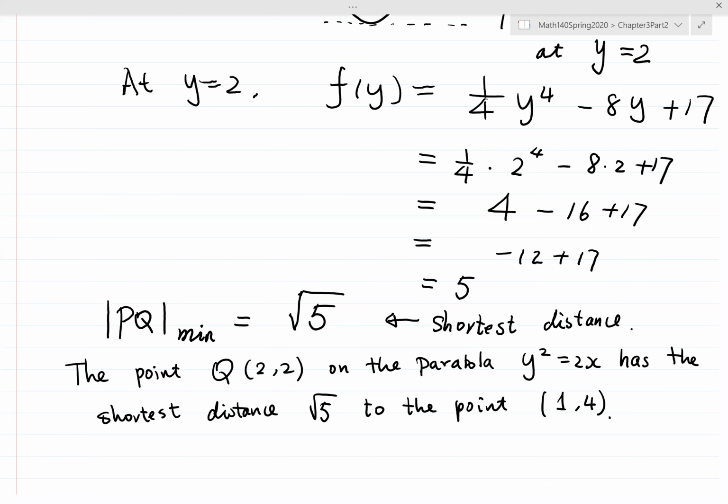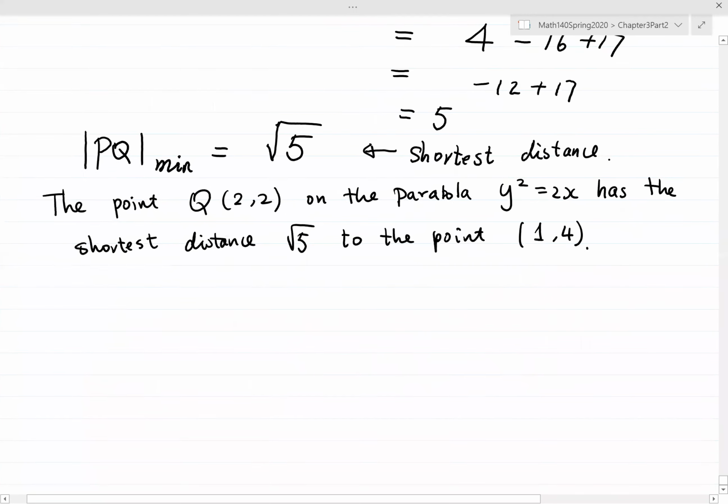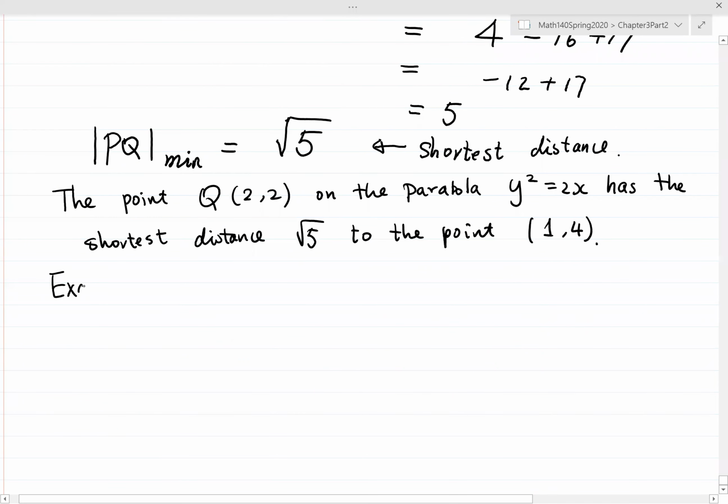More examples. Let's see this problem. We want to maximize the area.